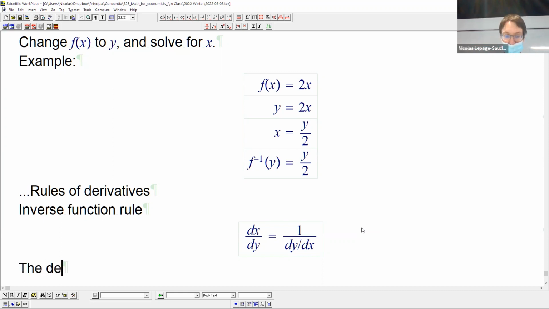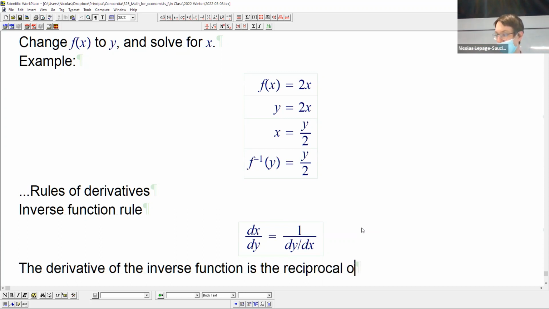The derivative of the inverse function is the reciprocal of the derivative of the original function.